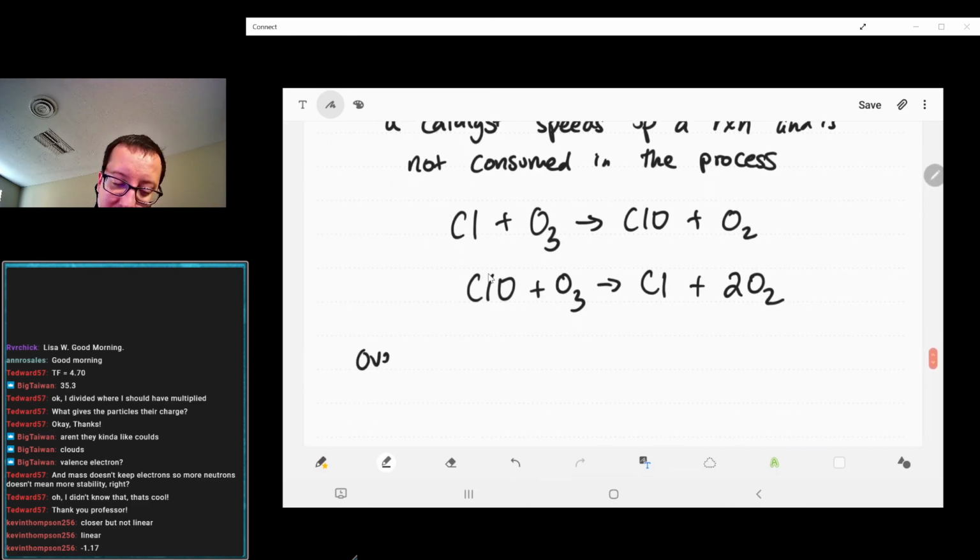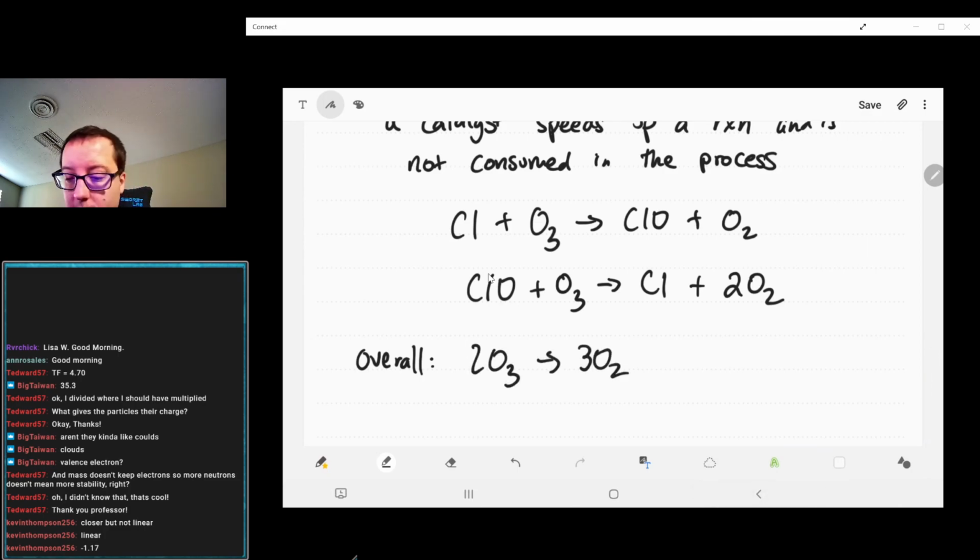If we look at overall what's happening, notice that in our overall reaction, this chlorine doesn't even show up. It's going to be a catalyst, and we can say that because it is first consumed, but then produced again. So catalysts are used and then regenerated. So we've used our chlorine atom, and then we get it back out again at the end.